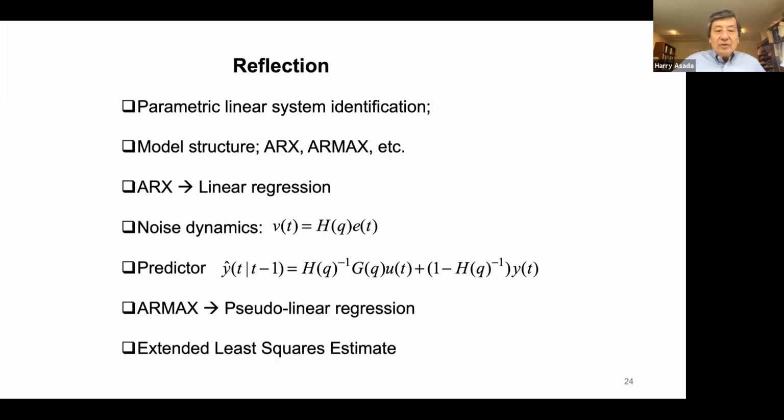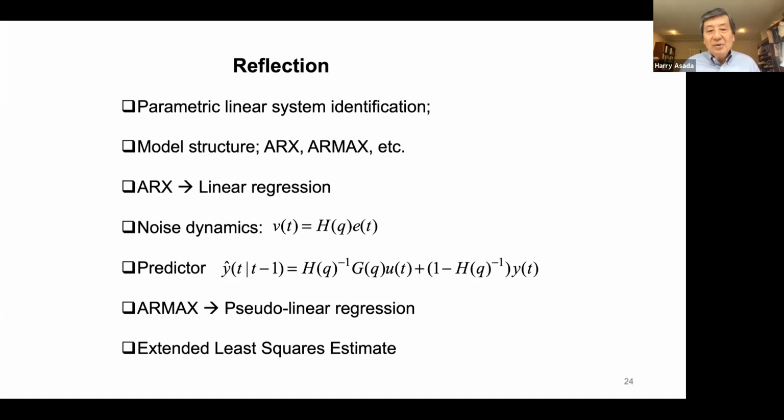Then we introduced the noise dynamics. This is another very important point today. We model the noise as consisting of two parts. One is totally unpredictable white noise, e(t), and the other has some kind of structure, which is the transfer function H(q).